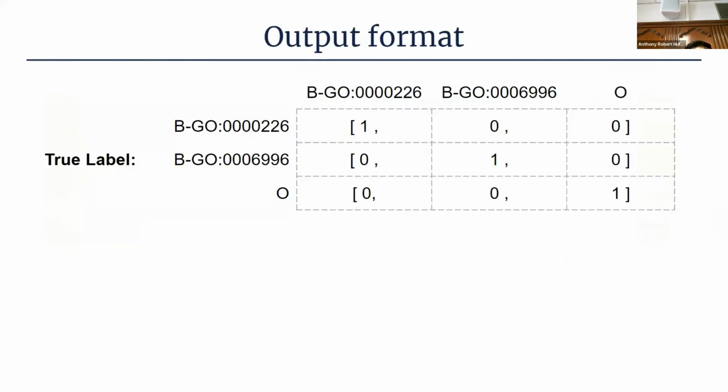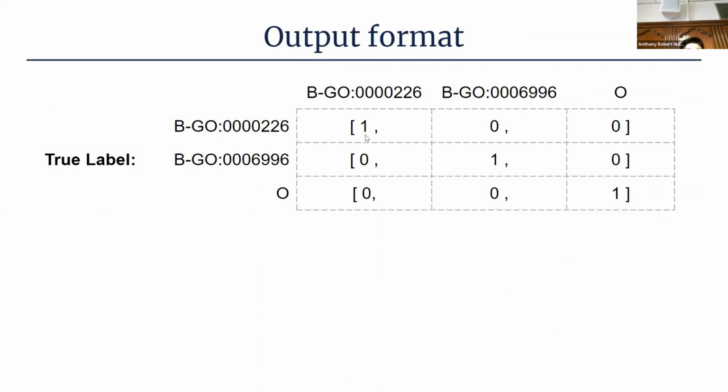So to talk about what the output looks like, we cannot say that the model predicts that a given token is associated with that particular GO term. It is actually a probability distribution, where it assigns the highest probability to one certain term and lower probability to other terms.